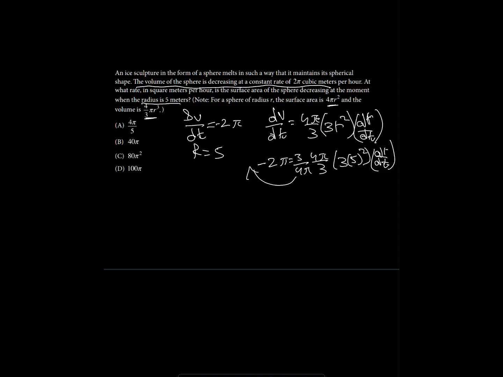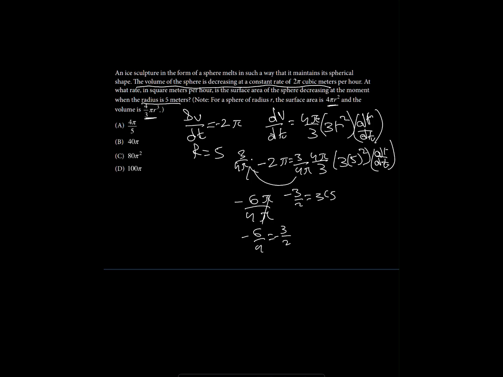So negative 2 pi times 3 is negative 6 pi over 4 pi. Our pi's cancel out. We're left with negative 6 over 4, which is negative 3 over 2.